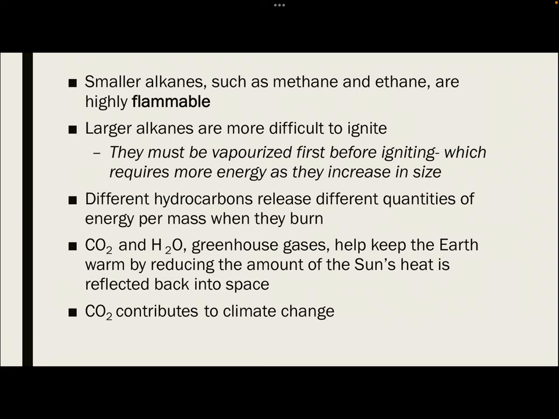So different hydrocarbons are going to release different quantities of energy per mass when they burn because of their size, and it's going to impact things differently. They also need their own special treatment.